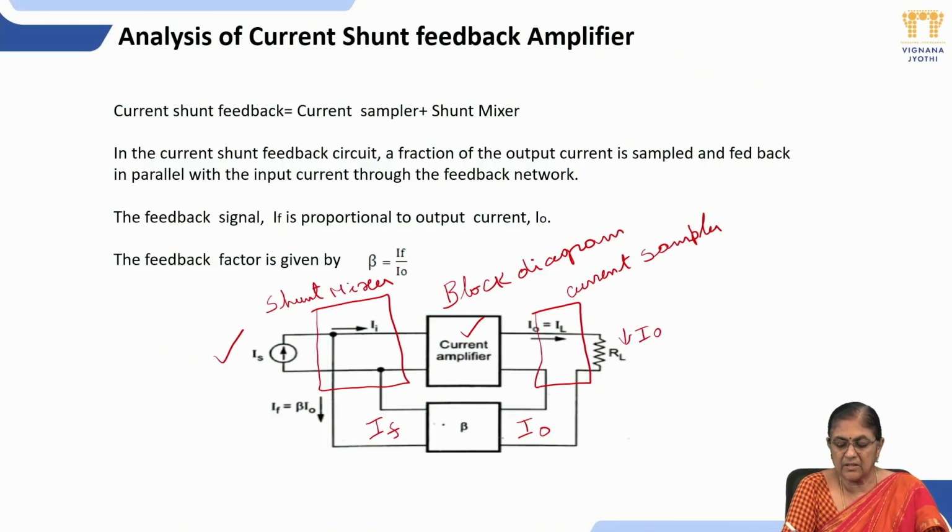In the case of current sampler, the input terminals of the feedback network are connected in series to the output terminals of the basic amplifier. So the signal present at the input terminals of the feedback network must be I0. And in the case of shunt mixer, the output terminals of the feedback network are connected in shunt to the input terminals of the basic amplifier.